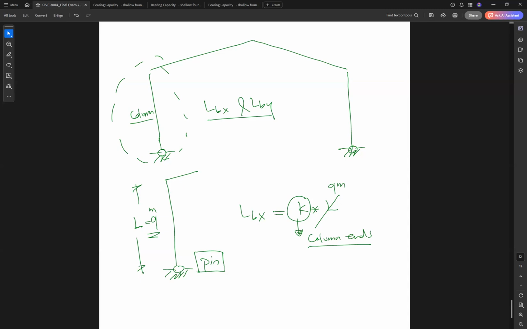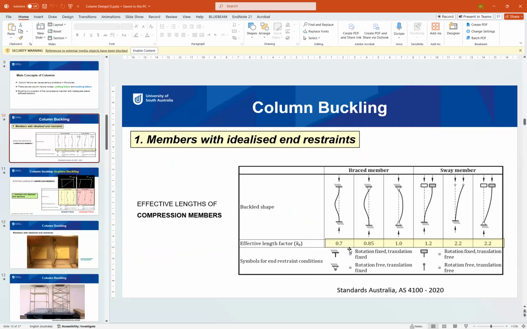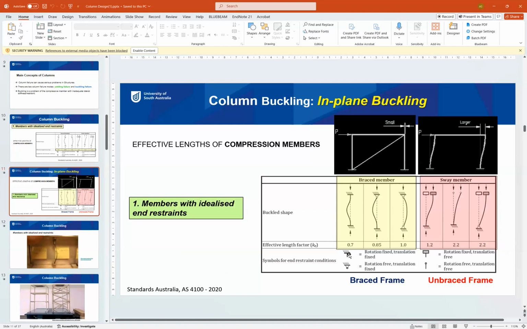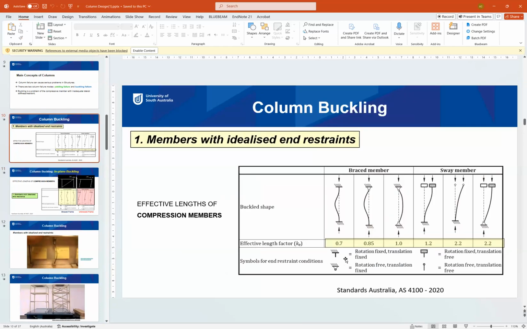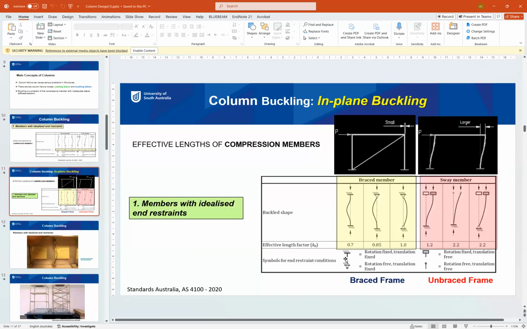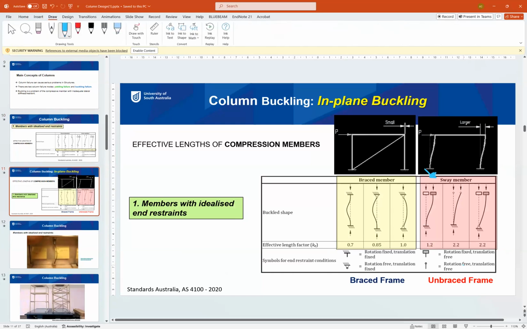Okay, so if we go to the column lecture, do you know this table? For this column in the X direction, or LBX, it will be a sway member, because there is nothing to prevent this column from sway.